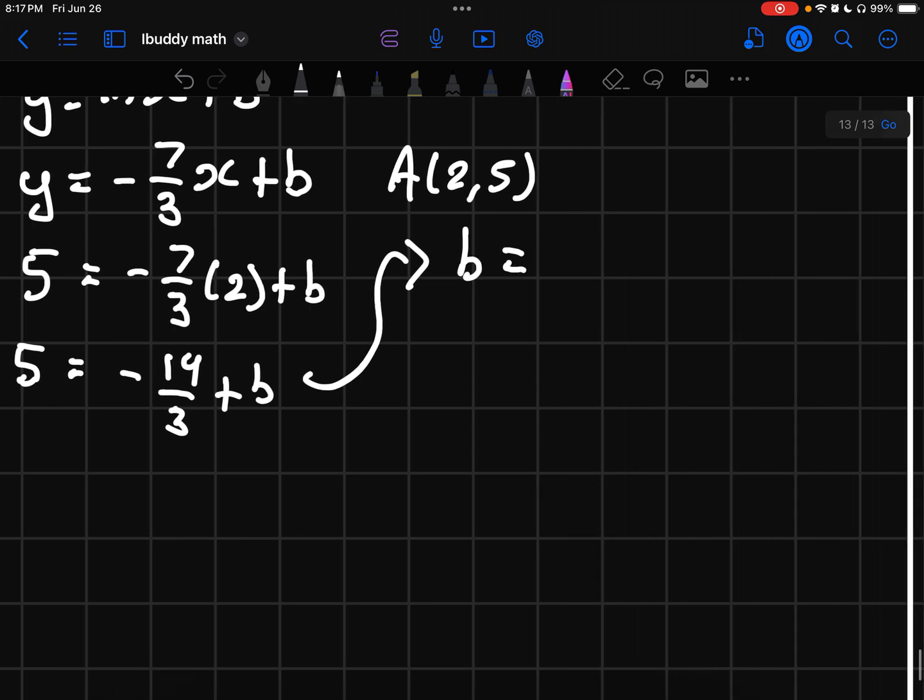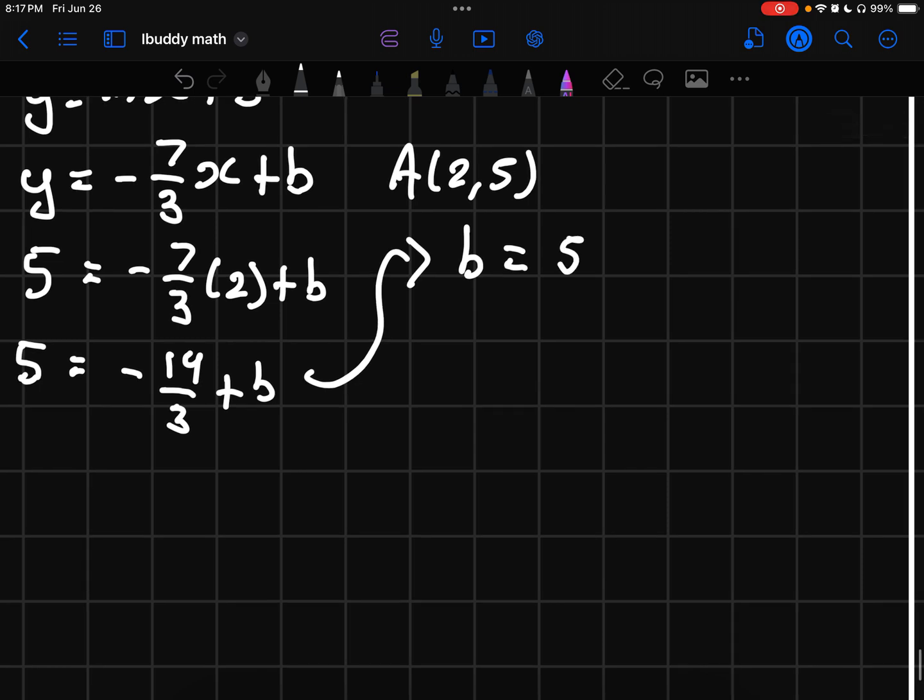B is equal to 5 plus 14 over 3, and that leaves us with b equal to 20 over 3. Oops, 29 over 3, my bad.